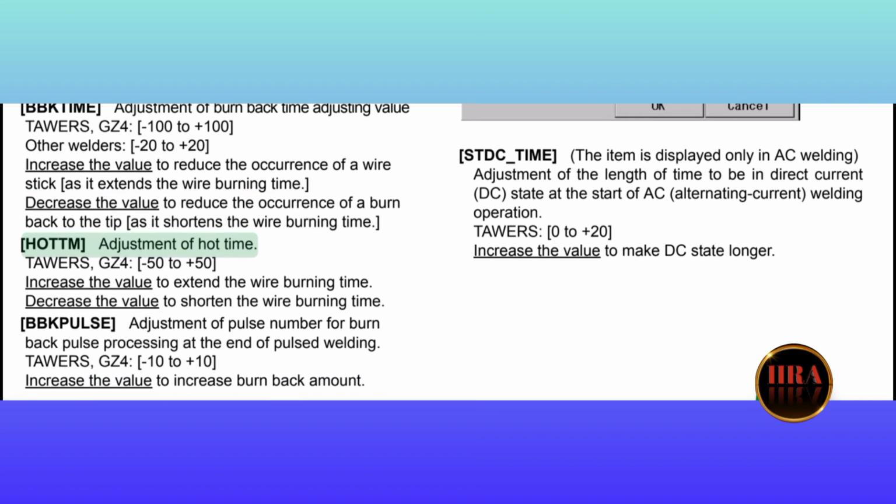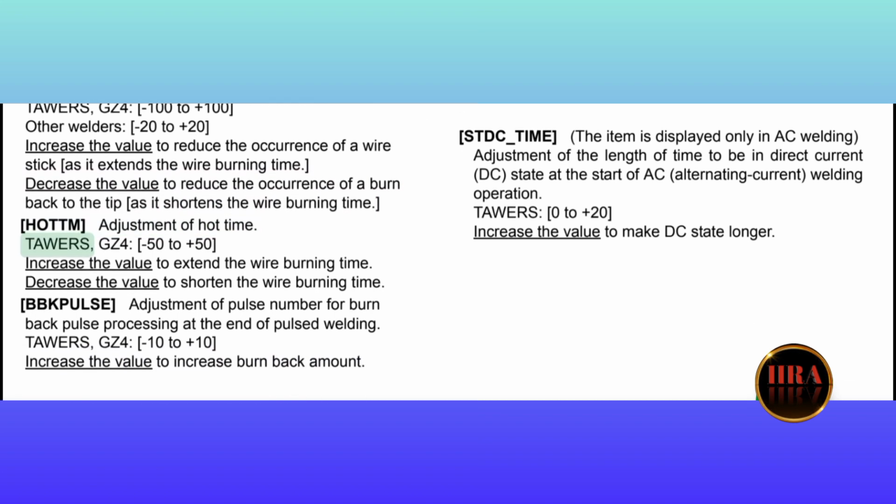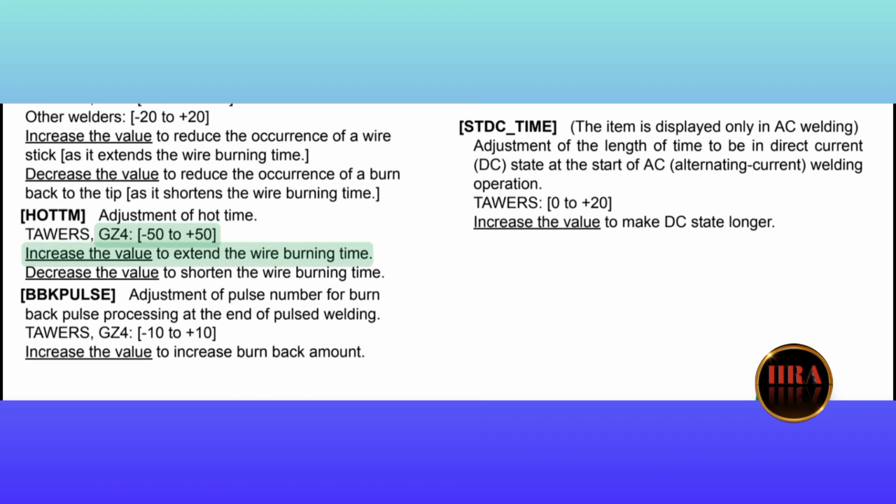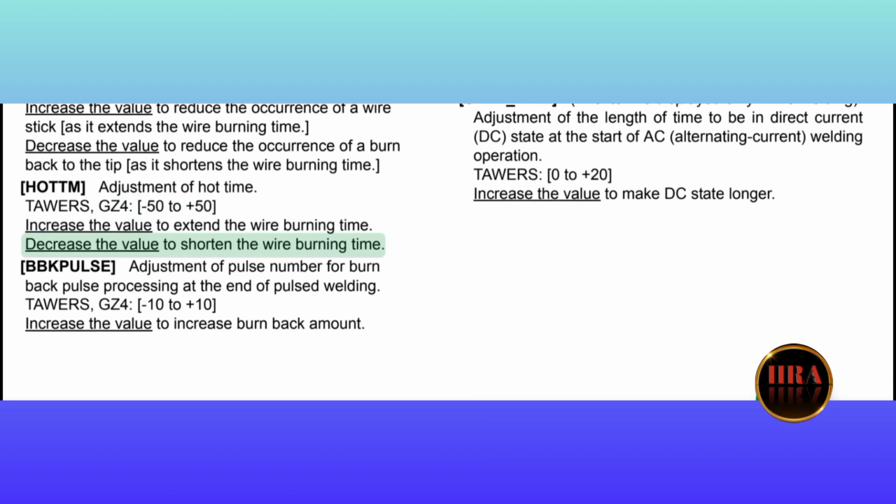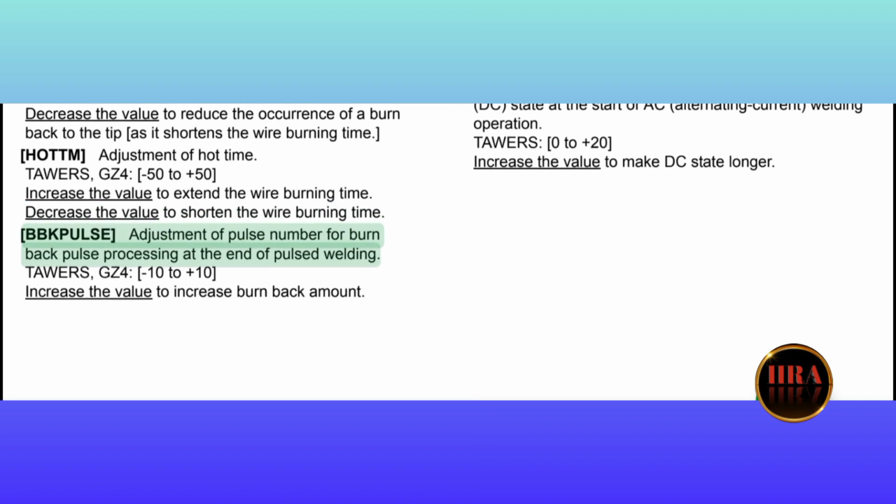HOTTM, adjustment of hot time: TAWERS, GZ4, minus 50 to plus 50. Increase the value to extend the wire burning time. Decrease the value to shorten the wire burning time. BBKPULSC, adjustment of pulse number for burn back pulse processing at the end of pulsed welding.